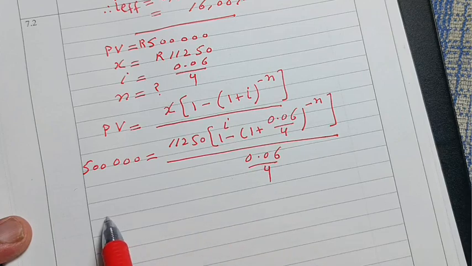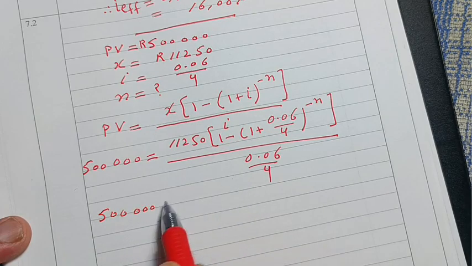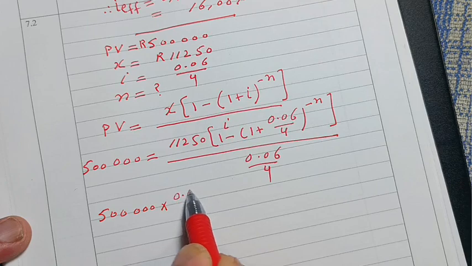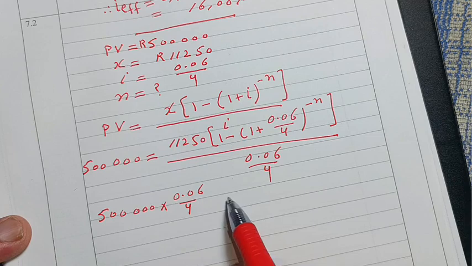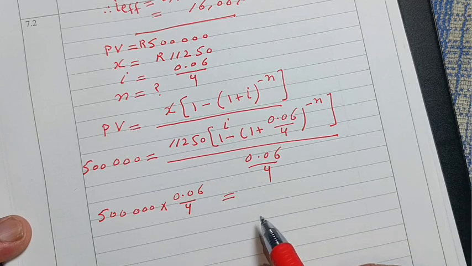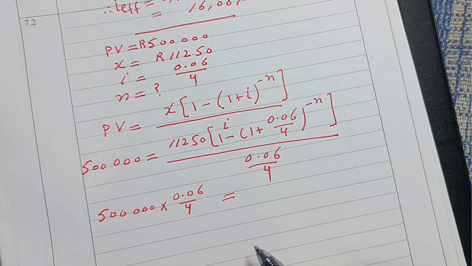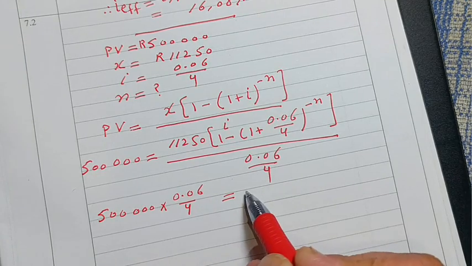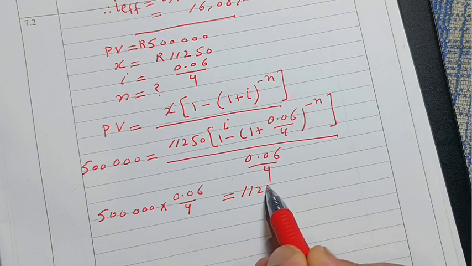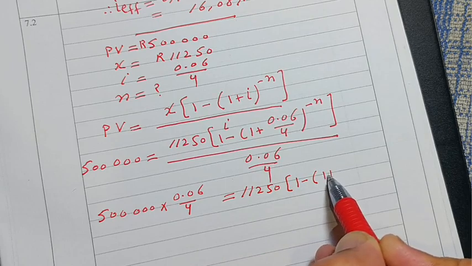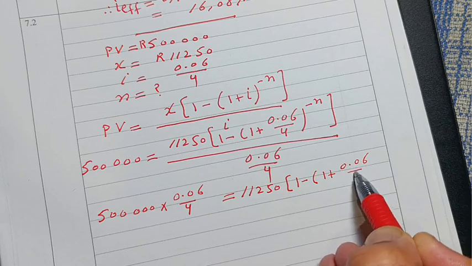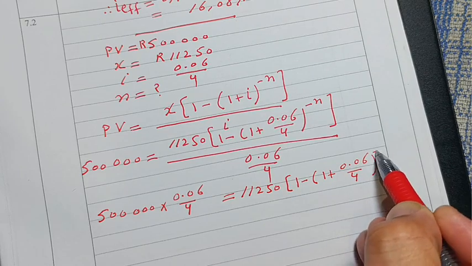So 500,000 multiplied by 0,06 over 4, and under this is 1, equal to 11,250 times (1 minus (1 plus 0,06 over 4) to the power negative n).